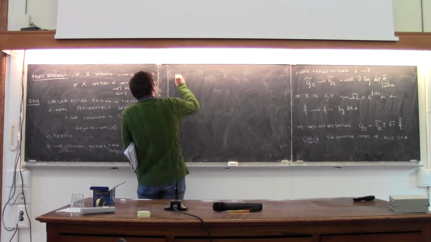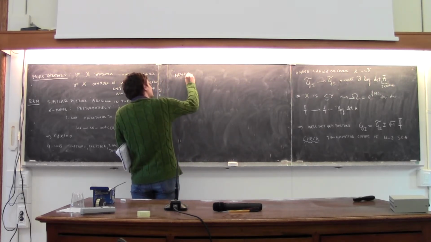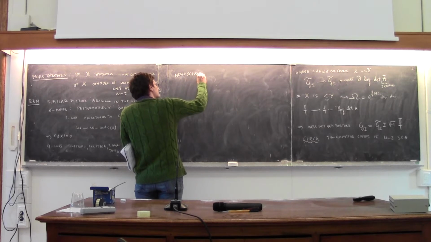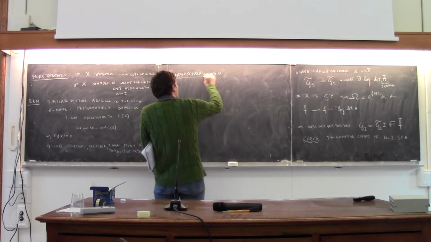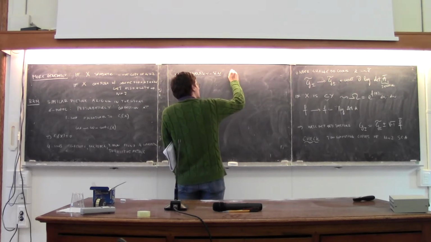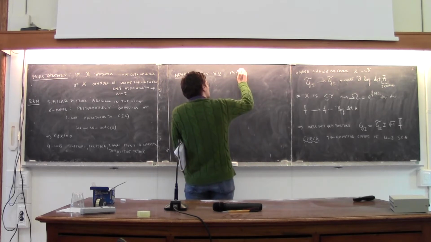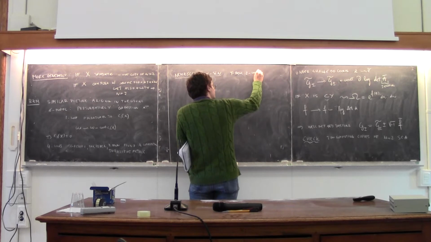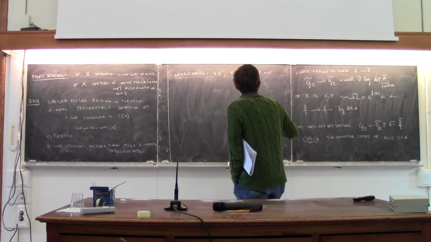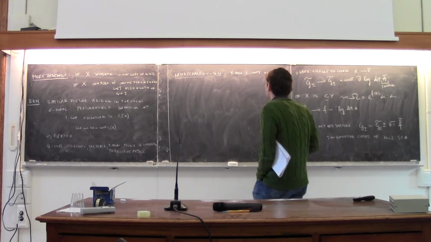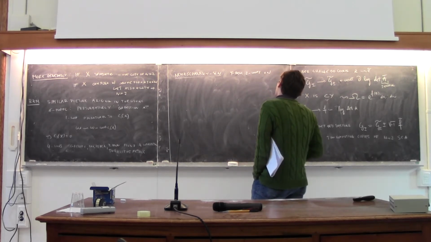So Nemeschansky and Sen showed that from 2 loops on, or 3 loops, 4 loops, and so on. So here there's no correction, but the point is that the argument works for any number of loops.